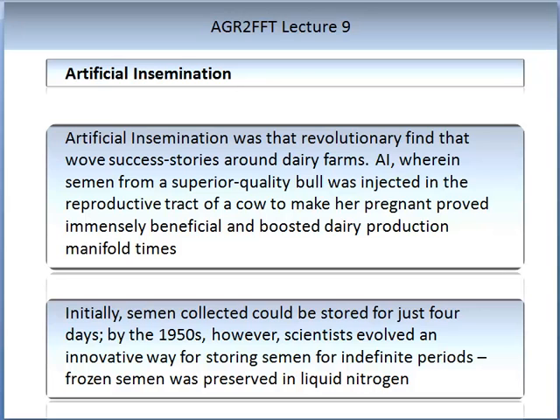Initially, semen could be collected and stored for just 4 days, but by the 1950s, due to experimentation with liquid nitrogen, it was found that semen could be frozen for an indefinite period. This has revolutionized this technology. We will be exploring this technology in further lectures.